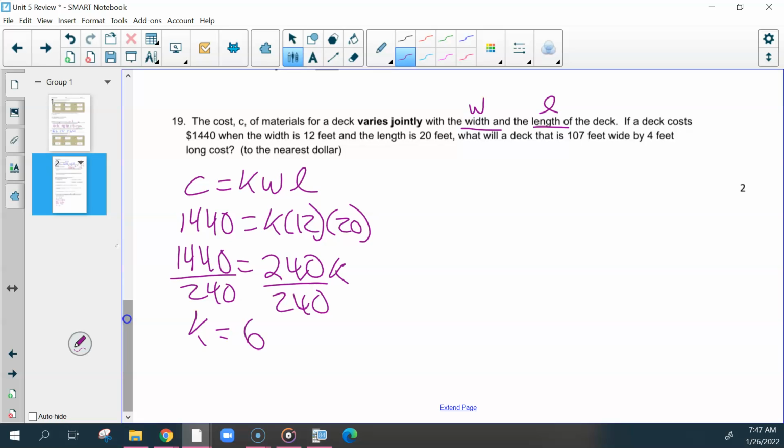Find your K value. Once you find that, you can put all of the other numbers back into your equation. So this is what this would look like without the other numbers. And then the second part is asking what will the deck, that's 107 feet wide, so that's W, 4 feet long, that's L, cost, is what we're looking for.